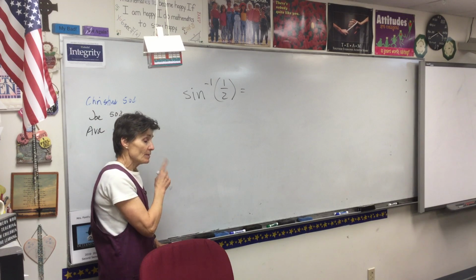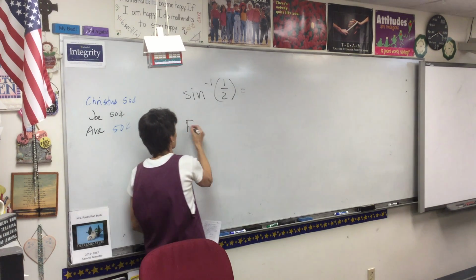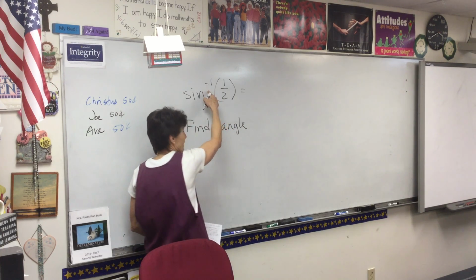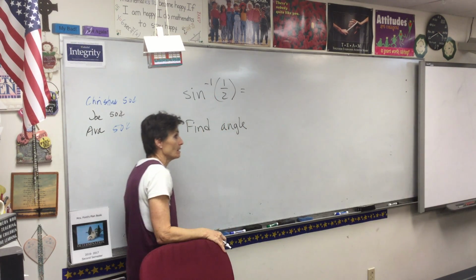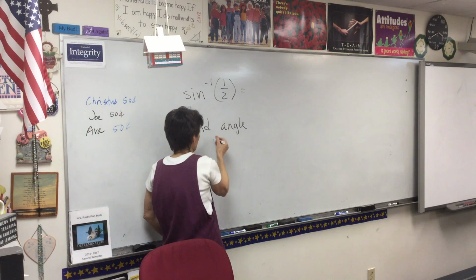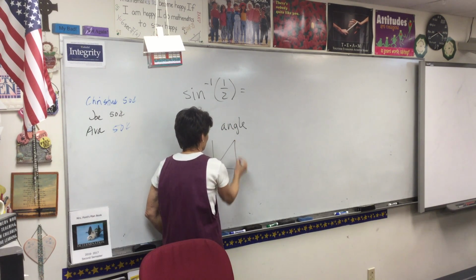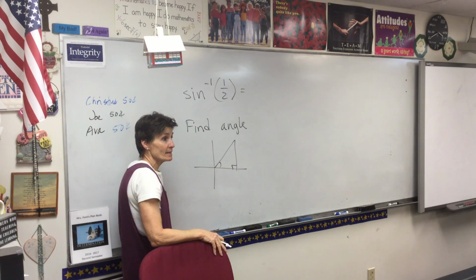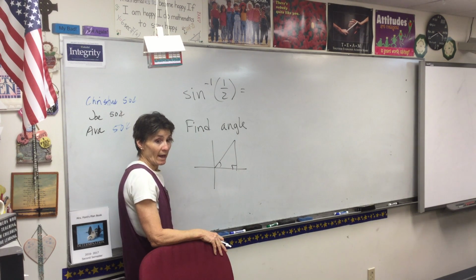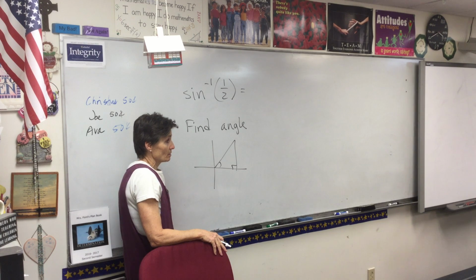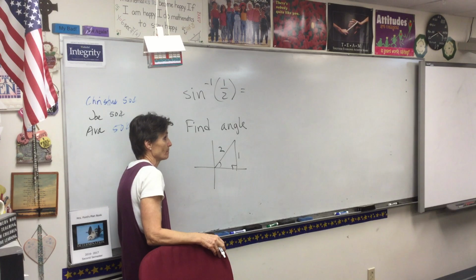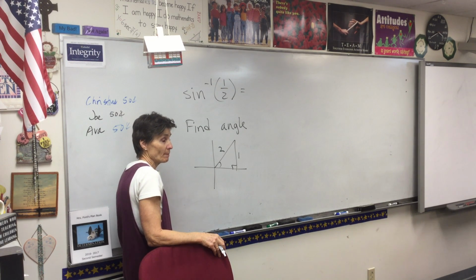Okay, so this says find the angle. That notation means an angle. So what do I know about this angle? Its sine is 1/2, which means this is 1 and this is 2. Opposite over hypotenuse.